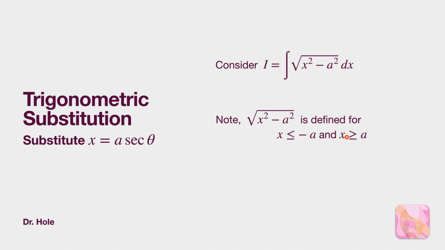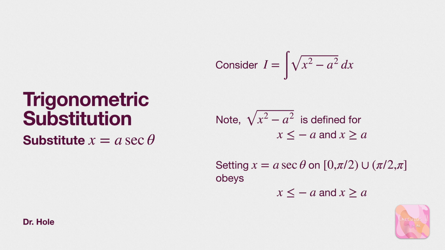Thus, x's need to be at least as big as a, or anything bigger. Likewise, x's can be as small as negative a, or anything smaller. In other words, we're forcing the radicand to be non-negative. Good.